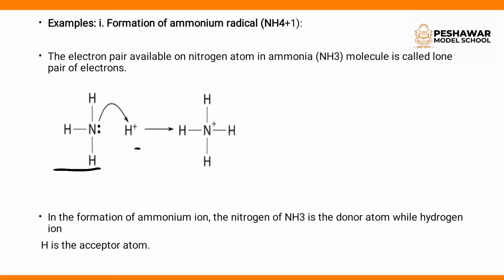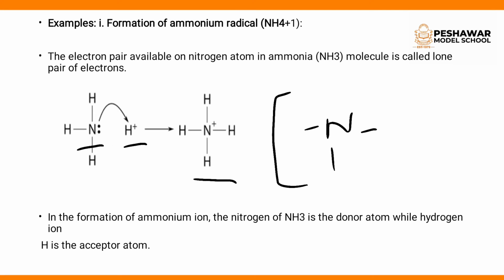The arrowhead is towards the acceptor atom. Hydrogen in that case is the acceptor atom, and nitrogen is the donor atom, because nitrogen is donating the electrons to the hydrogen atom, and we are obtaining an ammonium ion. Look at here, that is the ammonium ion. Or you can also draw a structure like this: in the middle you draw nitrogen, then on the 4 sides you draw the hydrogens and show a coordinate covalent bond and a positive charge.